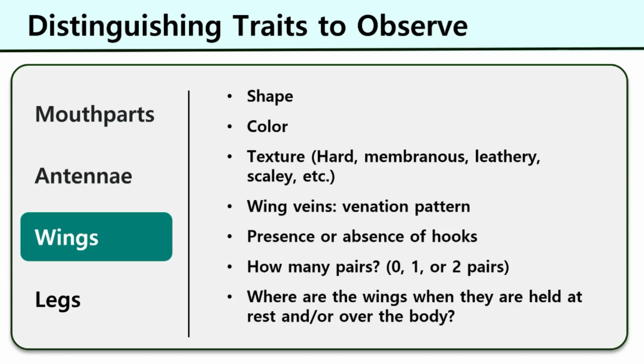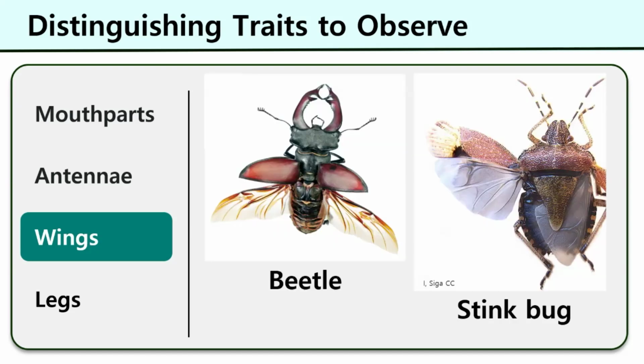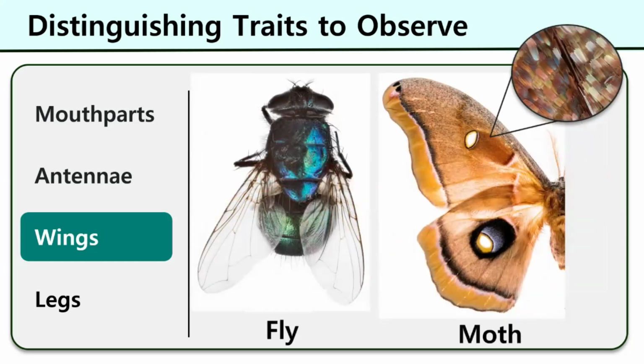And where the wings are held at rest can also be key for identification as well. And here are some examples. We'll look at this for our different main orders of insects, of what these wings can look like, especially comparing our front pair of wings to our hind pair of wings if we have those two pairs.